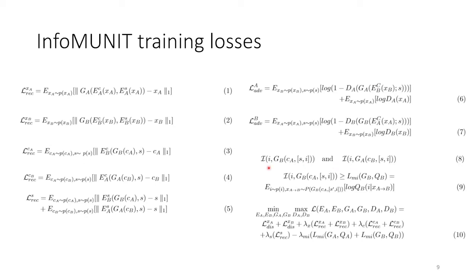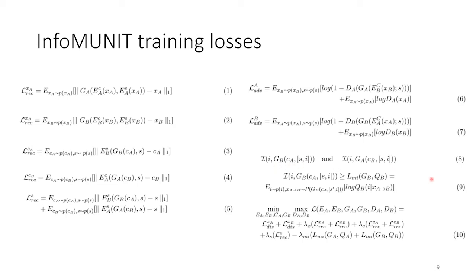So here, as we said before, the mutual information between a style code and the image generated from that style code, from that latent code, should be high.